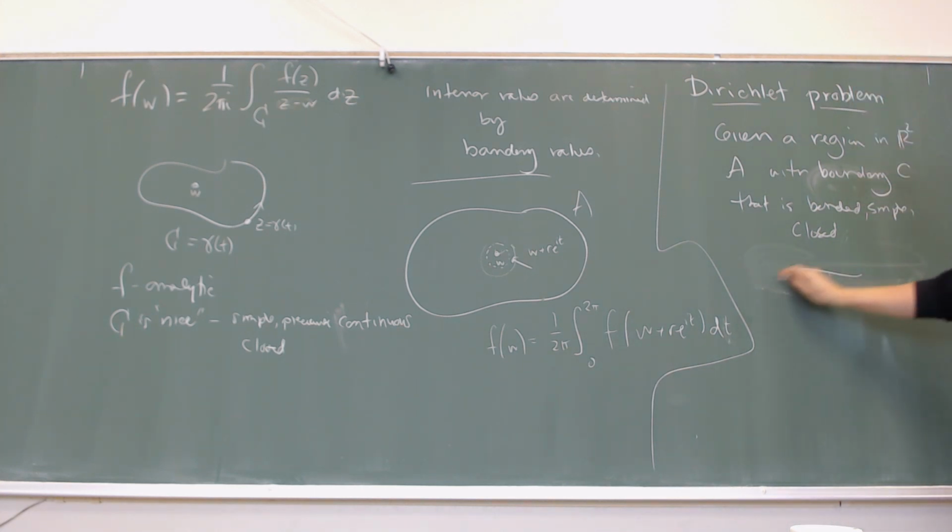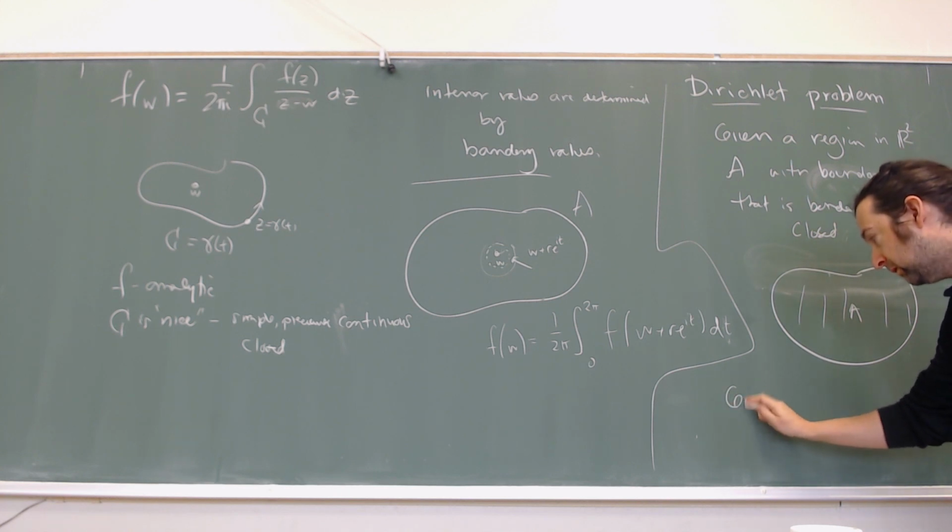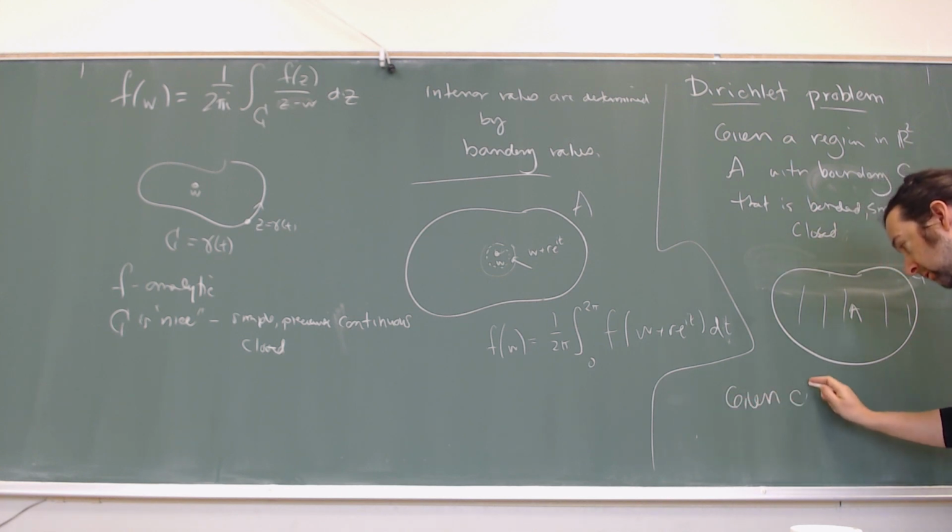So you're given a region in R2. Here's the boundary C. A lives inside of it. Now, I'm going to tell you what the boundary values are. So I give you a set of boundary values. I say you're given a continuous function, doesn't have to be continuous, but for now let's assume continuous.